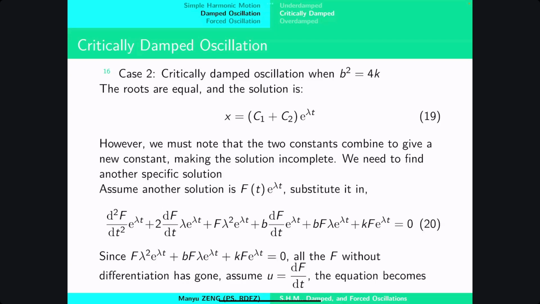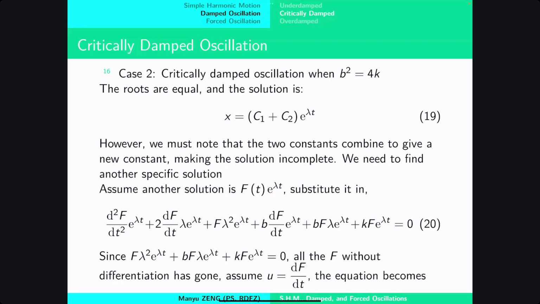Well, this is easier to solve, because we cannot simply assume the other solution is f of t. We would be solving that ordinary differential equation again. We're coming back to the original differential equation. We're doing nothing. So we must assume differently.